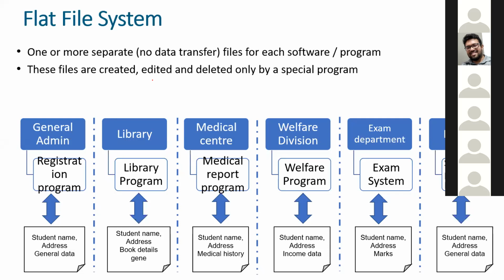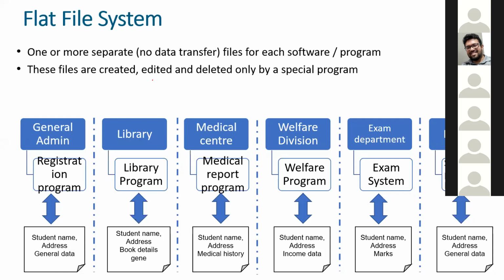Inside each division, you are going to have a software that is maintaining the data. So general administration division is having a registration program. That is the application that they are using to maintain the information with regards to general administration. Library is also having the library program or library application, or we can say library management system.